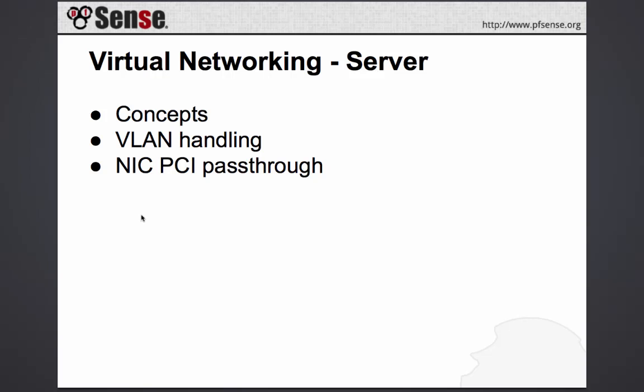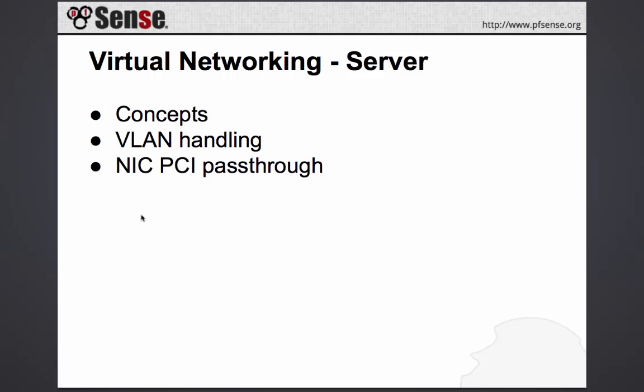Depending on which hypervisor you're using, they all at least support tagging at the hypervisor level, so you can create vSwitches that are specific to a particular VLAN tag, which would allow you to have upwards of 4,000 separate networks on a single NIC. And some of them will support passing VLAN tags through to the guest VM.